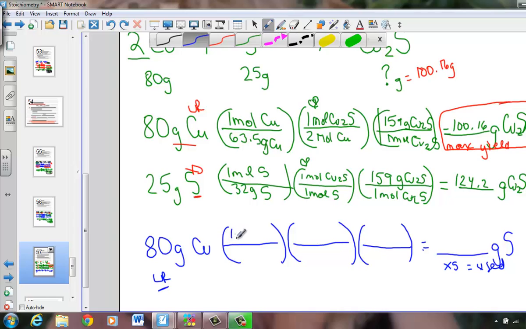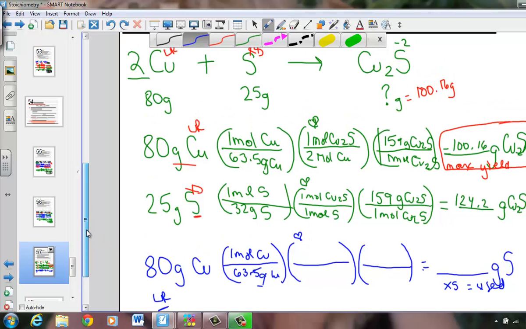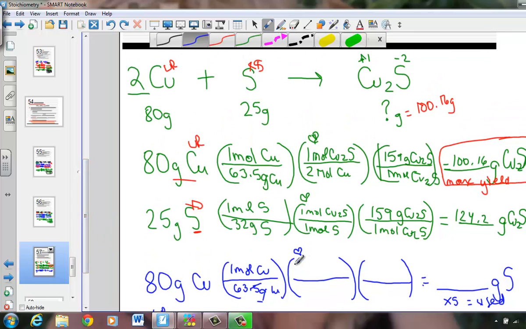We have step 1. I got to convert my grams of copper to moles of copper, and it has a molar mass of 63.5 grams. In the heart of my problem, I want the excess from the limiting. I want to know 1 mole of sulfur from 2 moles of copper.